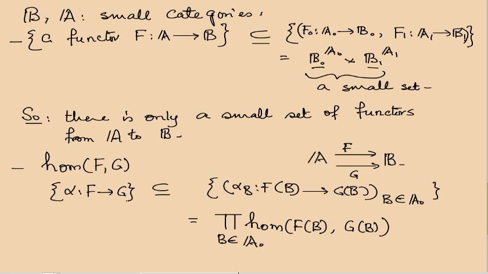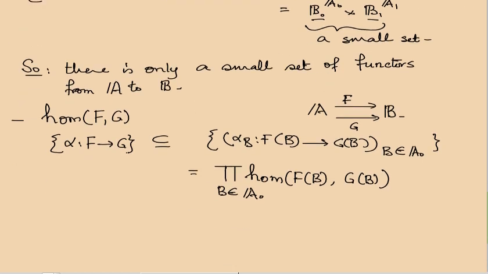Remember, it has to be FB; F is defined on A. So A naught is also a small set. So a small product of small sets is obviously a small set. So this is a small set.